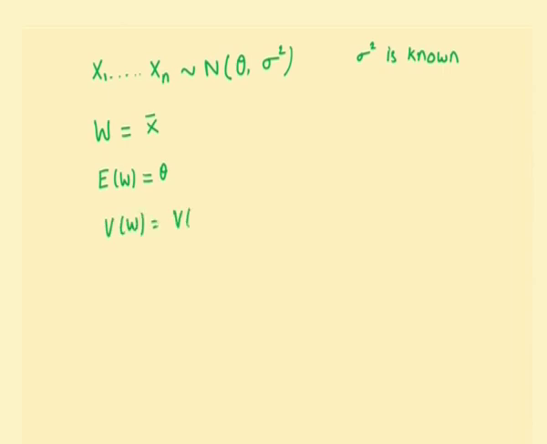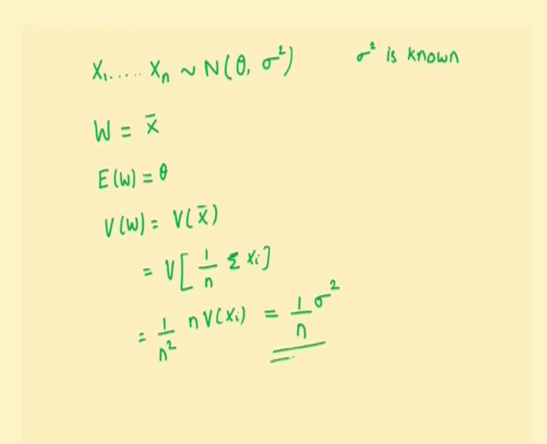So, the variance of x bar, which is the variance of 1 by n times the summation of xi, is 1 by n square into n times the variance of xi. The variance of xi is sigma square in this example. So, once again we have an unbiased case, and I limit my MSE to the variance itself because we know the form.